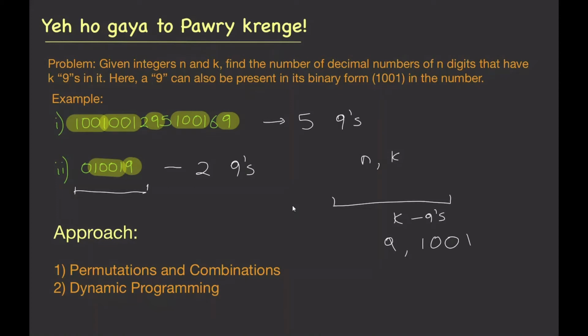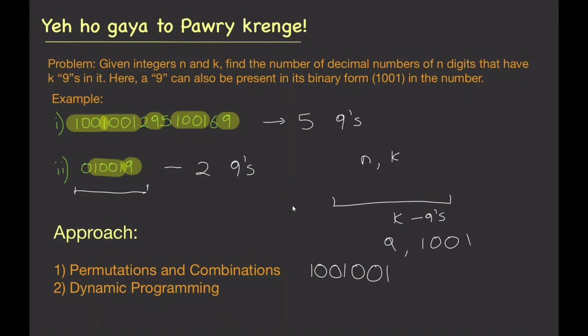So one obvious direction to solve this problem, as many would think, is by permutations and combinations. So we can calculate the total number of such numbers by finding the total permutations and combinations of the occurrences of 9 and also the occurrences of 1001. But the main problem in this approach is that we can have occurrences which are intersecting.